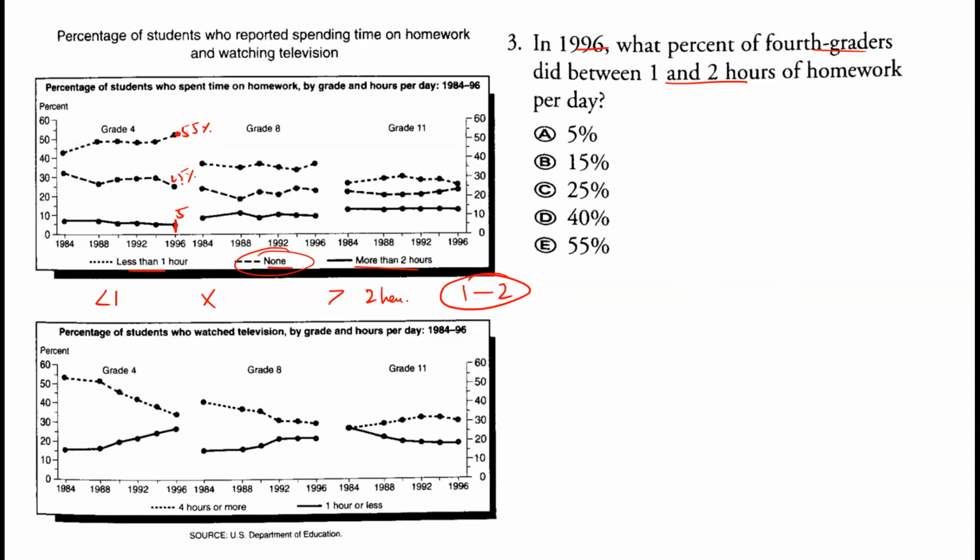So 55 plus 25 plus 5 equals 85. The total should be 100%. So 100 minus 85 equals 15%. So 15%, in terms of percentage, would be the number of students who are doing homework between 1 and 2 hours. So option B is correct.